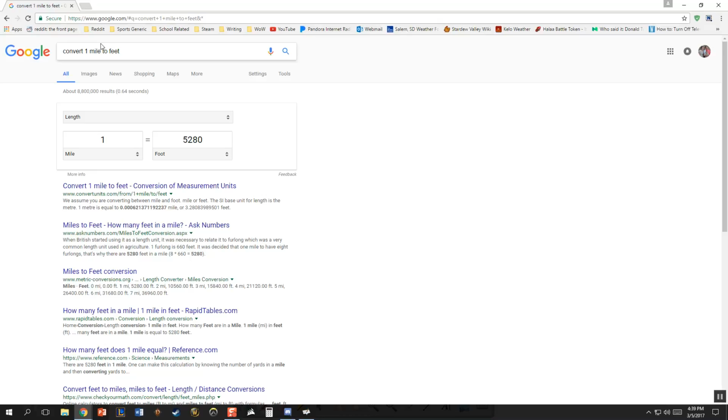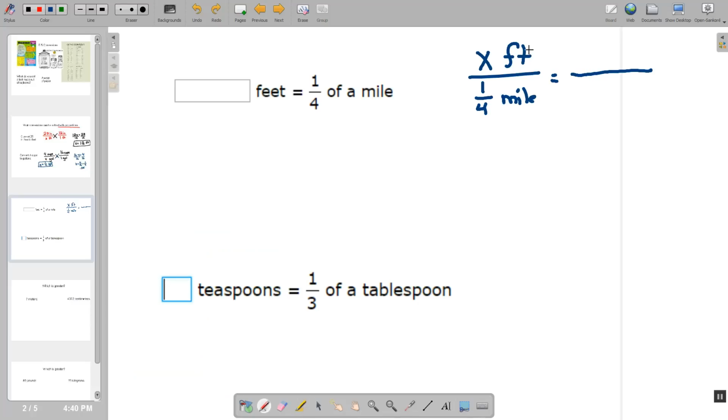So here we have our next conversion, which is 1 mile is equal to 5,280 feet. And now we can solve by cross multiplication, which gives us 1 times x is equal to 1/4 times 5,280.